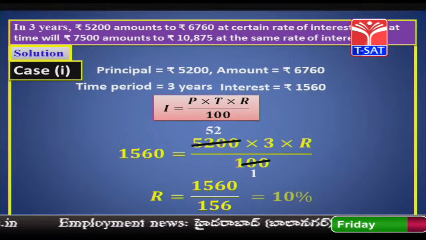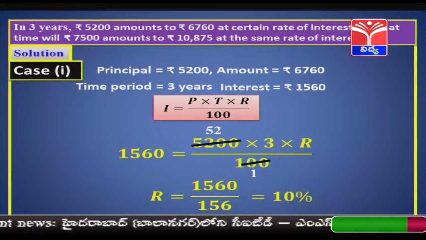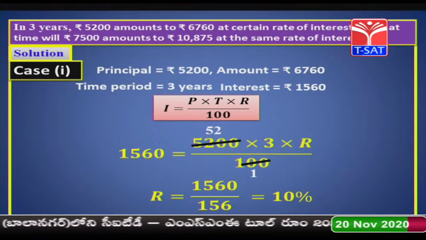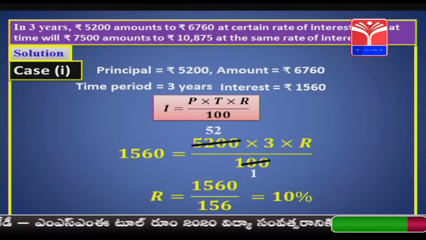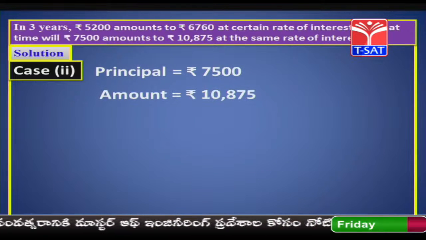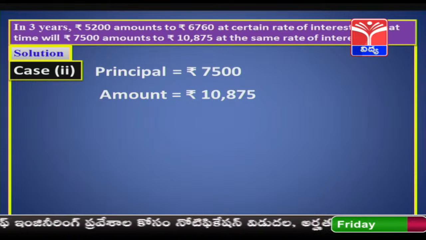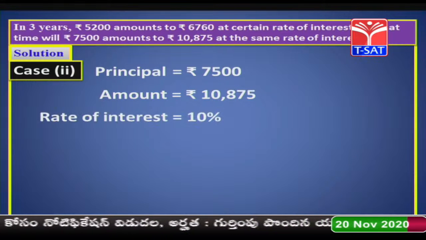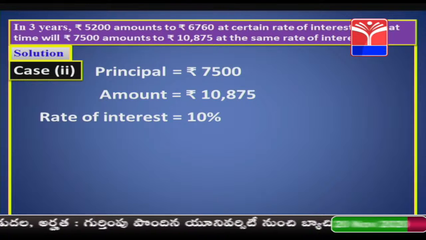Now, on simplification we get 10. That means the rate of interest in the first case is 10 percent. The principal in the second case is 7500, amount is 10,875 and the rate of interest is 10 percent, which is same as in the first case.